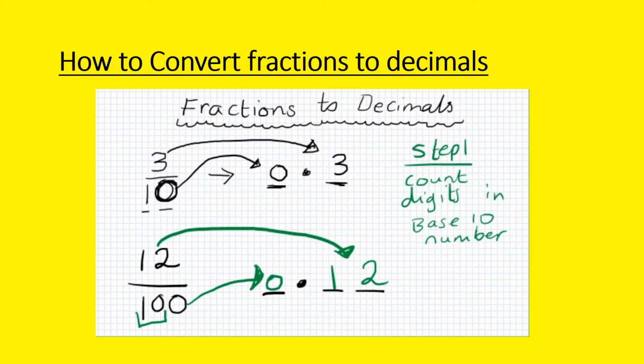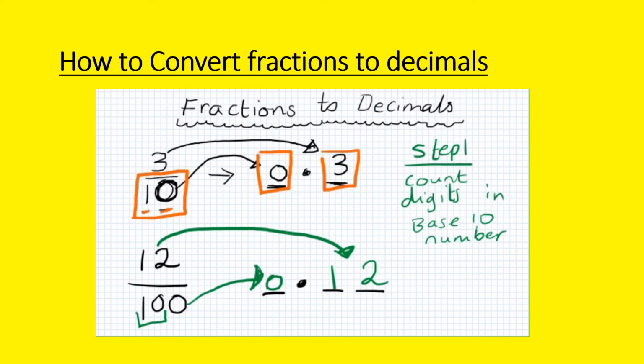We're now going to look at what's going on. Let's have a closer look. This here was base 10. Base 10 has got 2 digits. When I converted this to a decimal, my decimal number has also got 2 digits. 1, 2. Now this part's really important, okay?